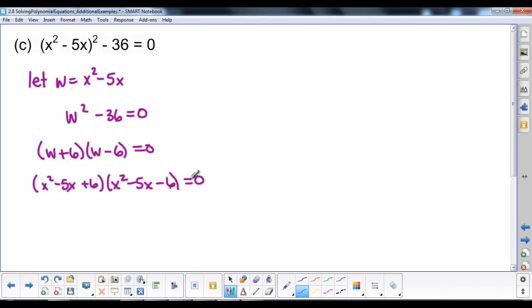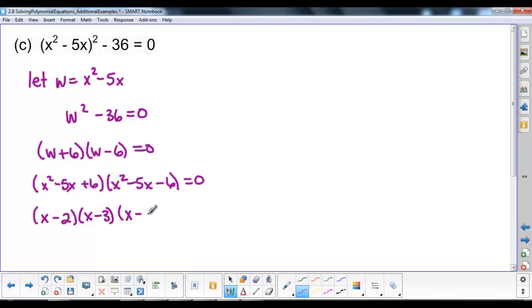And hopefully what we notice now is that inside each of these brackets, we have trinomials that we're able to factor further. So looking at this first bracket, I want to find two numbers that multiply to 6 and add to -5. Those two numbers are -2 and -3. And then finally, we want to find two numbers that this time multiply to -6 and add to -5.